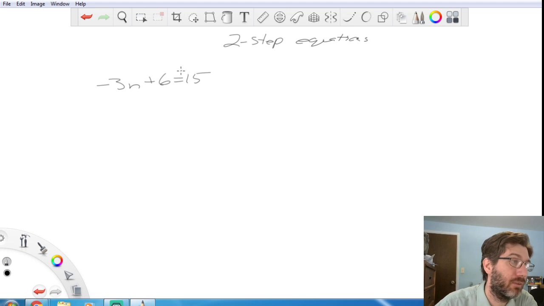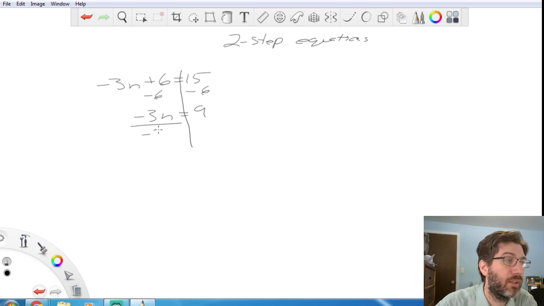Here we're going to, again, get rid of the addition and subtraction first. So I'm going to subtract 6 from here, subtract 6 from here, and this gives me negative 3n equals 9. And then I have to divide this side by negative 3 this time as opposed to the positive 3 because it is a negative here. Divide this by negative 3. And in doing so, these are going to cancel, leave you with n.